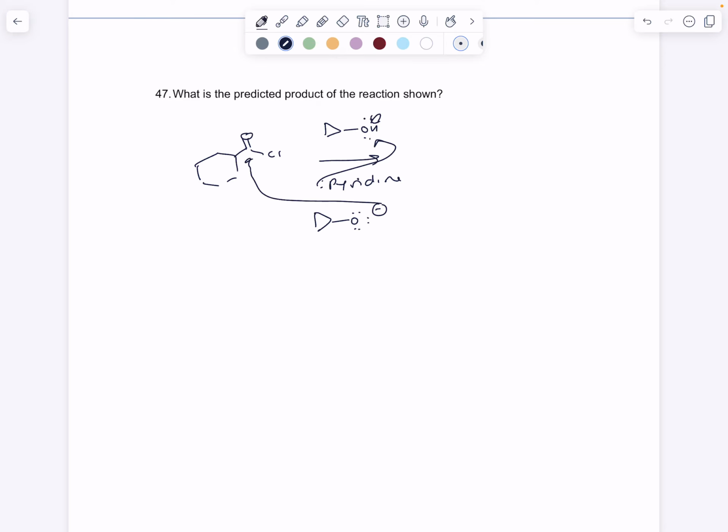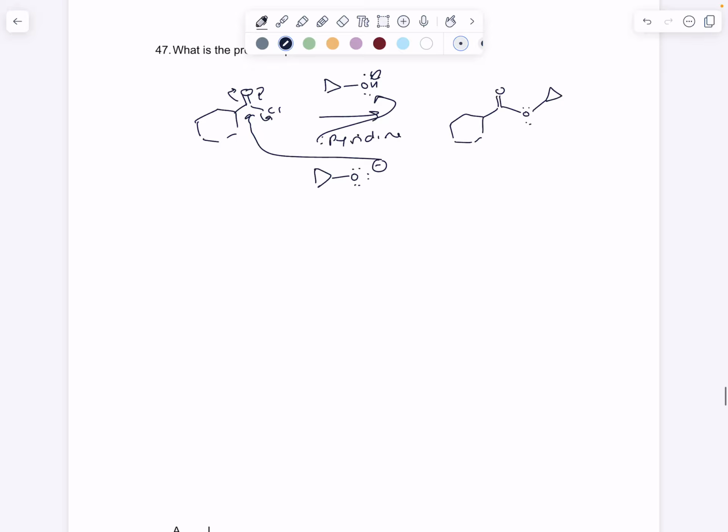So then this could attack here and this could kick up. And then your carbonyl would restore and kick out your leaving group, and you would get this. So there's several different answer choices, but that would be the right answer.